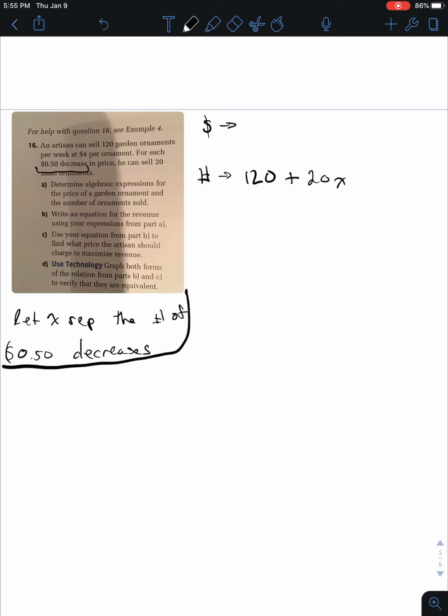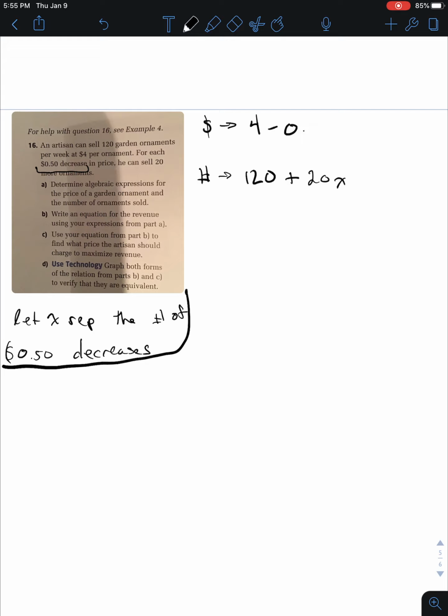Okay, so that makes sense then. The number is going to increase if I decrease by 50 cents. Now here's the other catch. He's starting at $4, and I'm decreasing the price. How many times? We don't know. But how much are you decreasing by? 50 cents.